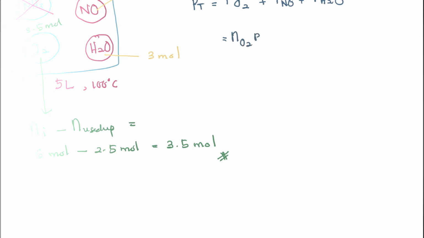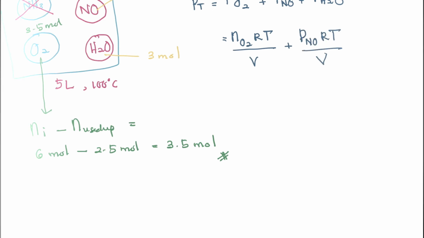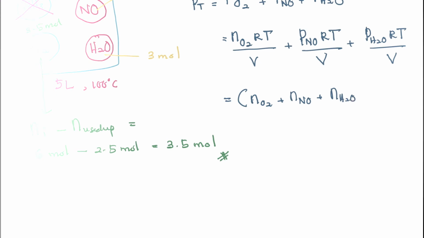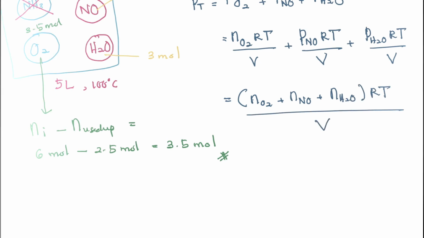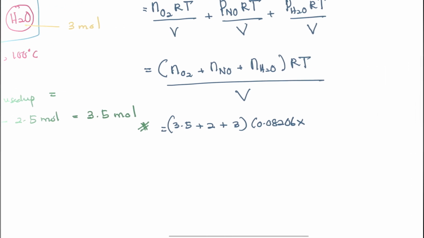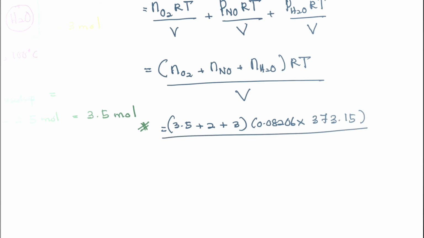P is equal to n oxygen RT over V plus n nitrogen monoxide RT over V plus n water vapor RT over V. We also can combine: n oxygen plus n NO plus n H2O, times RT over V. What is n? n is 3.5 plus 2 plus 3, R is 0.08206, and T must be in Kelvin because it involves the value of R. So 100 becomes 373.15, and the volume is 5 liter.